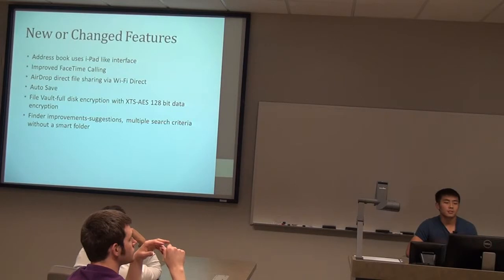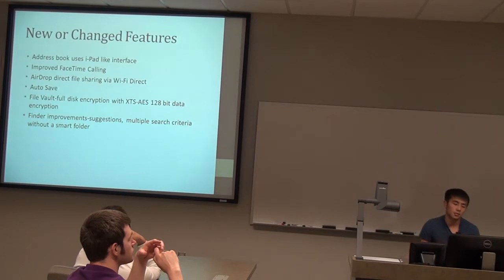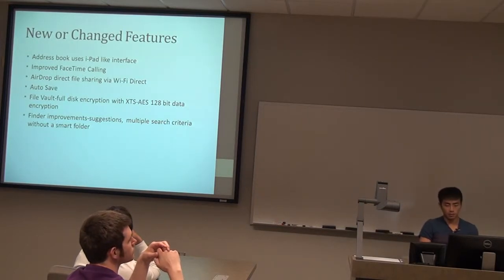And these are some of the features that have changed or are new. The address book now uses an iPad-like interface. There's improved FaceTime calling. And there's AirDrop, direct file sharing via Wi-Fi Direct, so you wouldn't need a wireless access point.